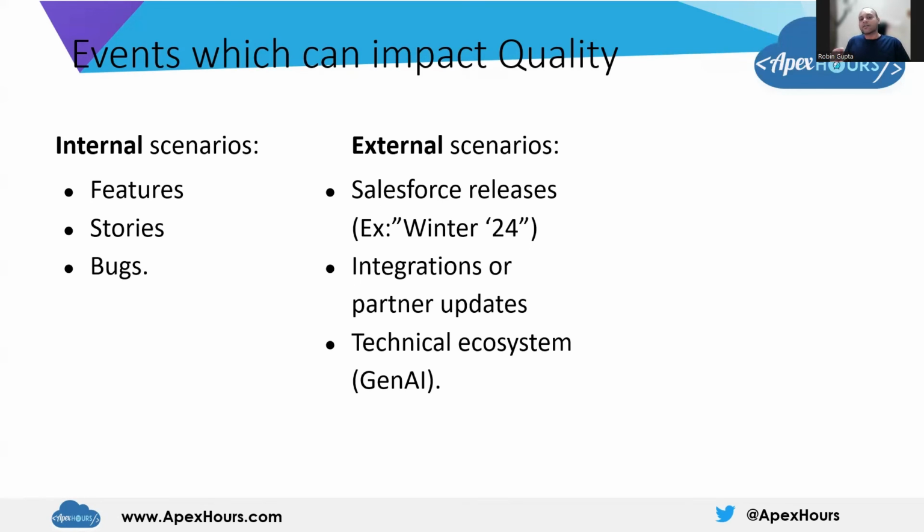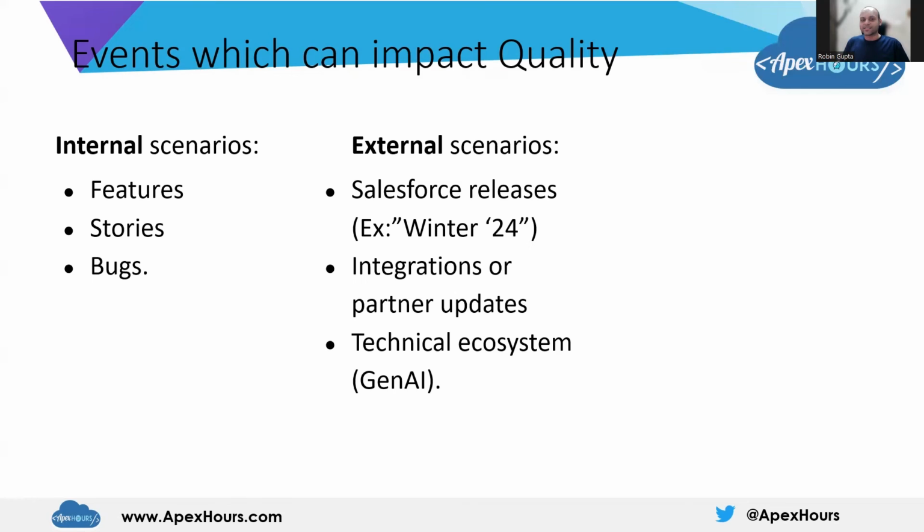Maybe a certain release could be patchy or buggy and could impact the quality or the user's experience. Similarly, there could be integrations or partner updates which could impact quality. In one of my cases, we had to work with a search engine implemented for Salesforce, and we had to work in lockstep with how they were implementing the search algorithm so as to ensure the best quality of experience for our users.